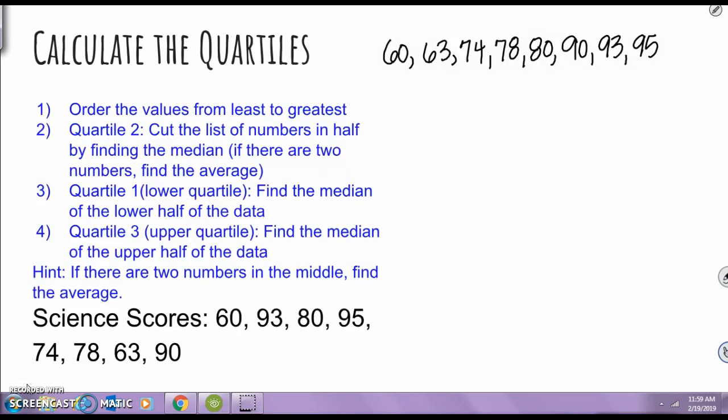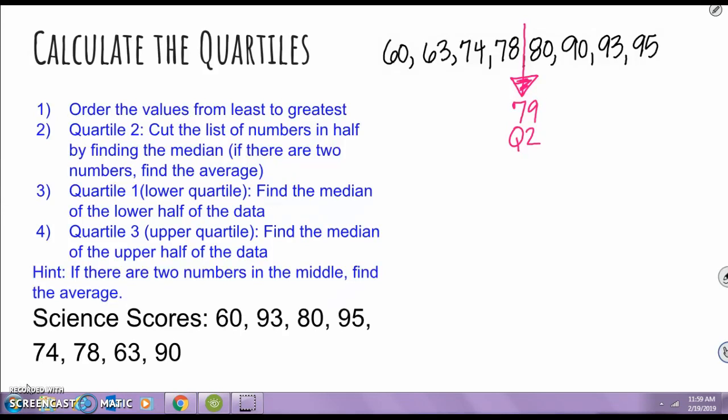If you recall, we've already calculated the median. So quartile 2 is the median. We cut our list of numbers in half by finding the median. Since we have 8 numbers in our set, that means we have 4 numbers on each side of our median. Remember, our median is 79, so that is quartile 2, or Q2.